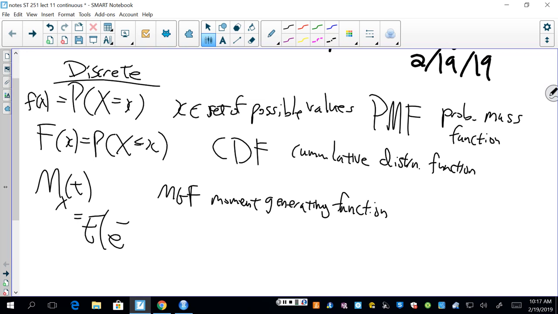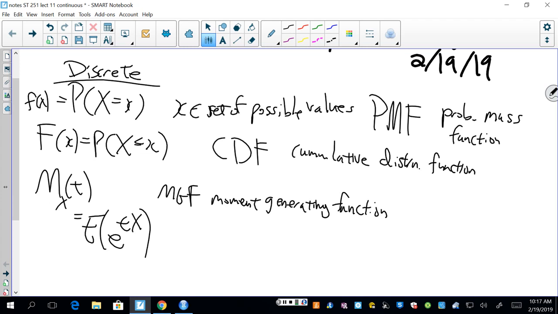It was the expectation of e to the t x. And they have some uniqueness. If a moment generating function exists around t equals 0, without a discontinuity or strange thing happening, then it corresponds to a probability distribution, and there's only one probability distribution that it corresponds to.